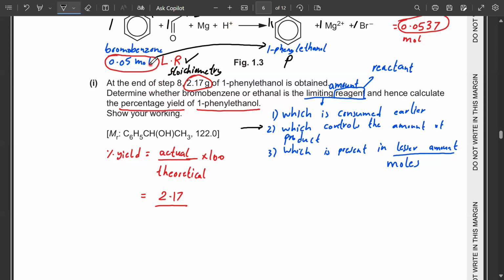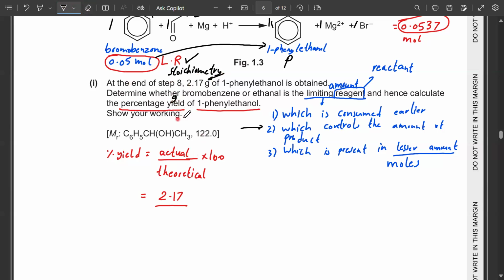Can I use it in moles, or do the values need to be in grams? Gram. Basically, if they have given the value in gram over here, 2.17 gram, then definitely you need to use the same value in gram here. Always remember the yield is always mentioned in gram, never in mole.